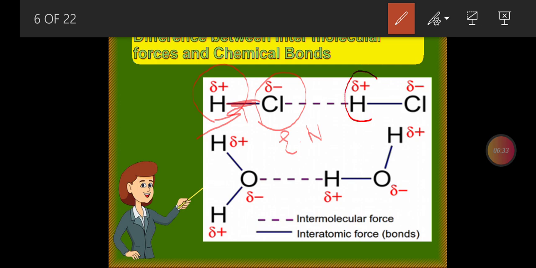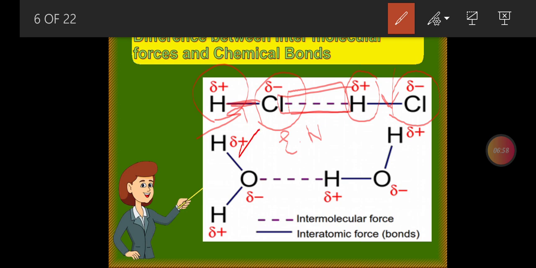Similarly, you can see another HCl, where the two atoms are also held by a chemical bond, whereas the two molecules of HCl are held together by intermolecular forces, indicated by the dotted line between them. I have outlined it with a rectangular shape.